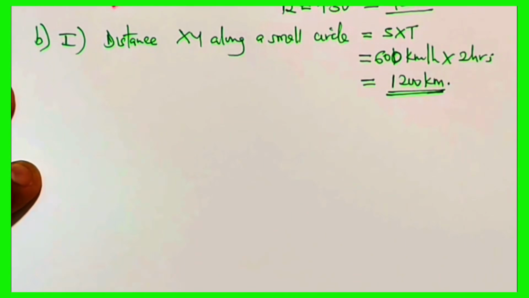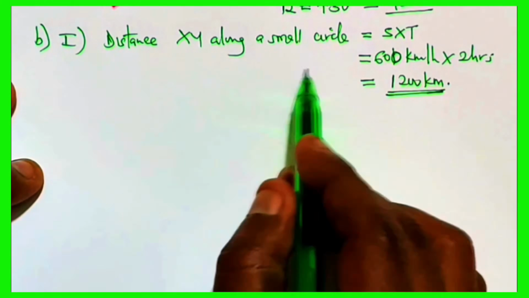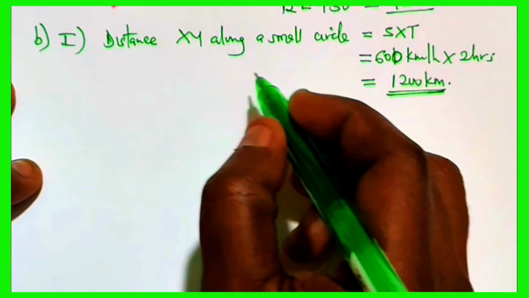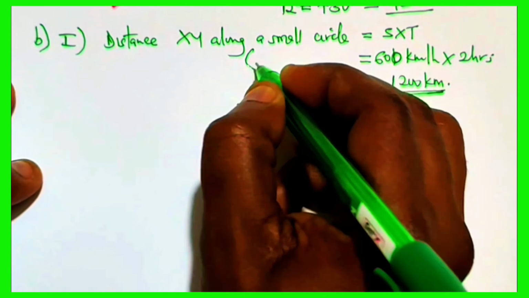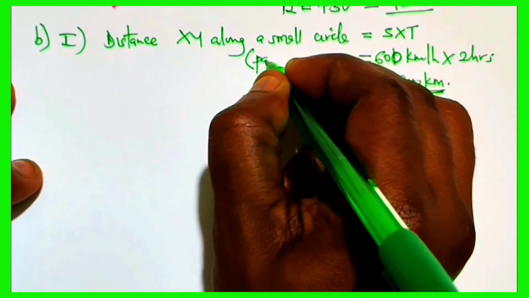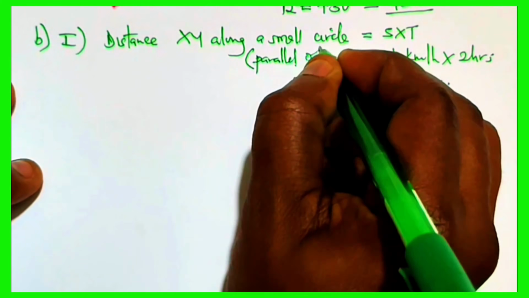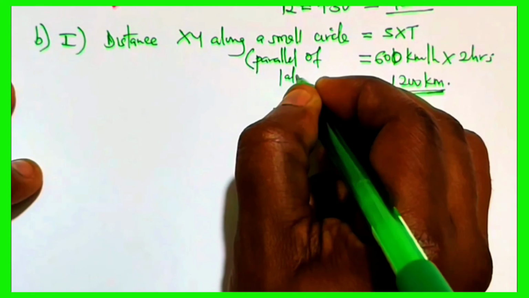And then as far as the radius of a circle of latitude is concerned, we are going to consider the following. Remember that distance along a small circle, we can also refer to as along a parallel of latitude.